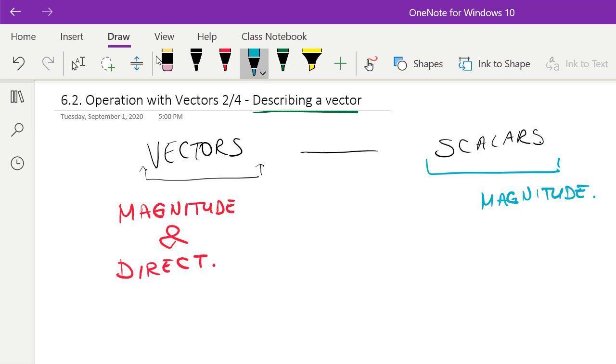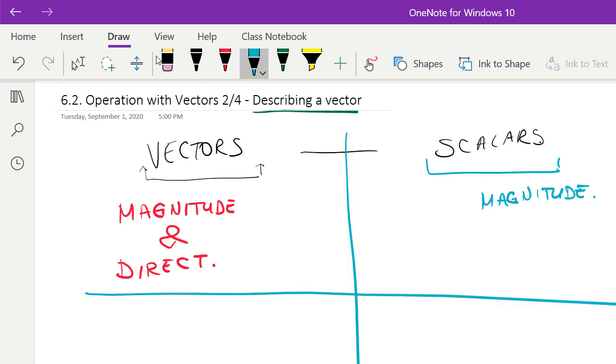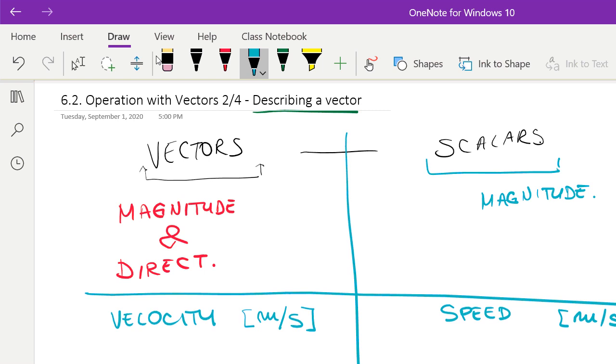So vector quantities, you have talked about this even in Science 10, but vector quantities are quantities like velocity, and the units for it are meters per second, and the corresponding scalar quantity of velocity is speed, and again the units for it are meters per second. Another vector quantity that we will talk a lot about in physics is acceleration.